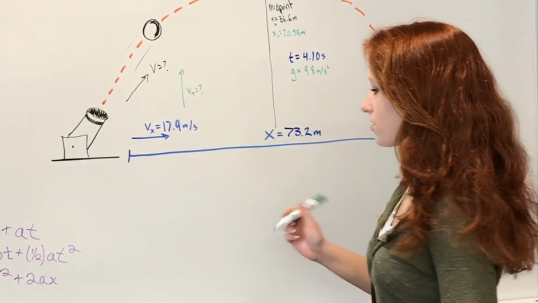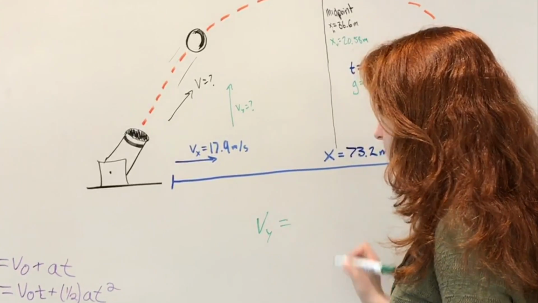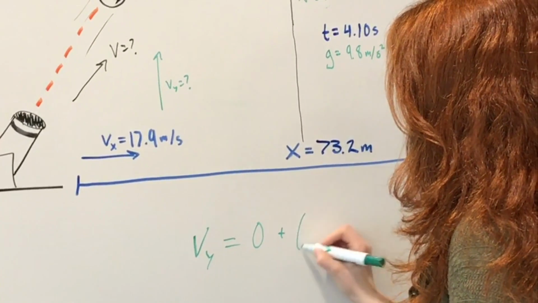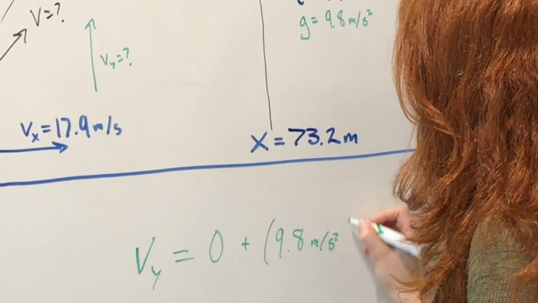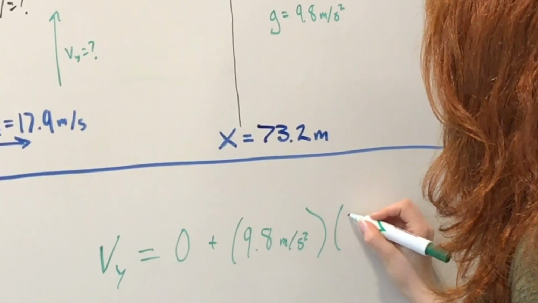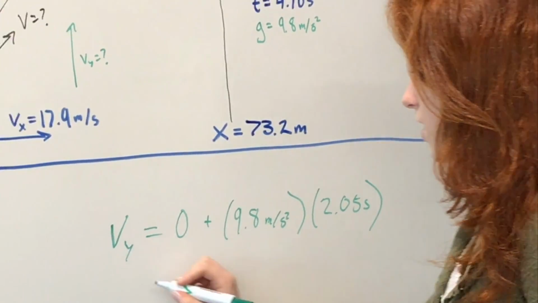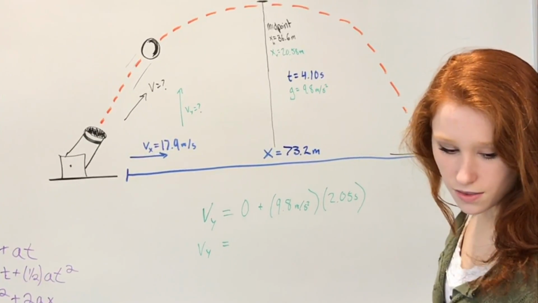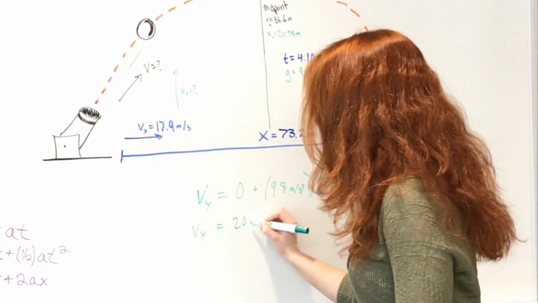To solve this, we're going to use the first equation. The velocity equals the starting velocity at 0 plus the acceleration due to gravity times half of the time. When we solve this, we find that the velocity equals 20.09.